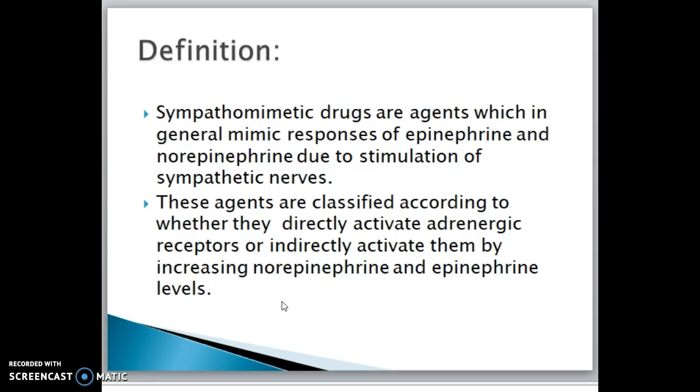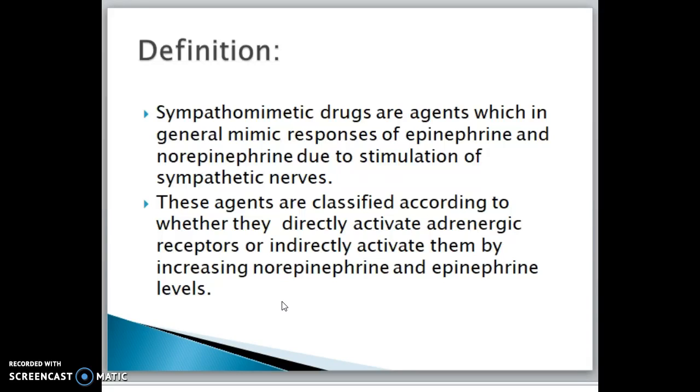Directly acting sympathomimetics directly bind at the adrenergic receptors, which are classified into alpha and beta, and again alpha 1 and alpha 2, as well as beta 1 and beta 2.